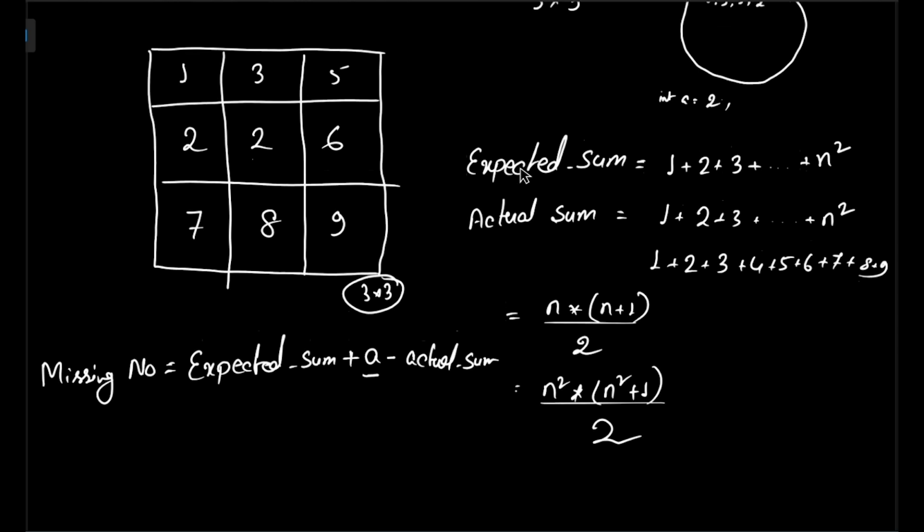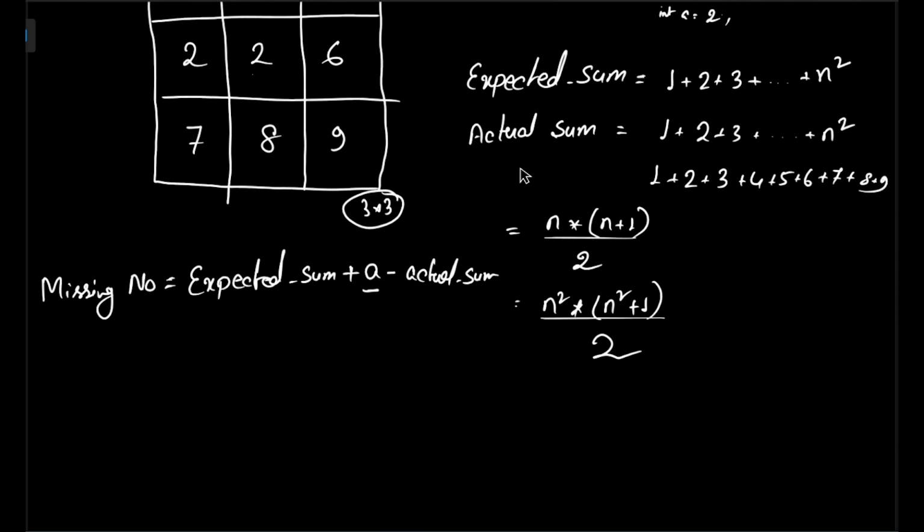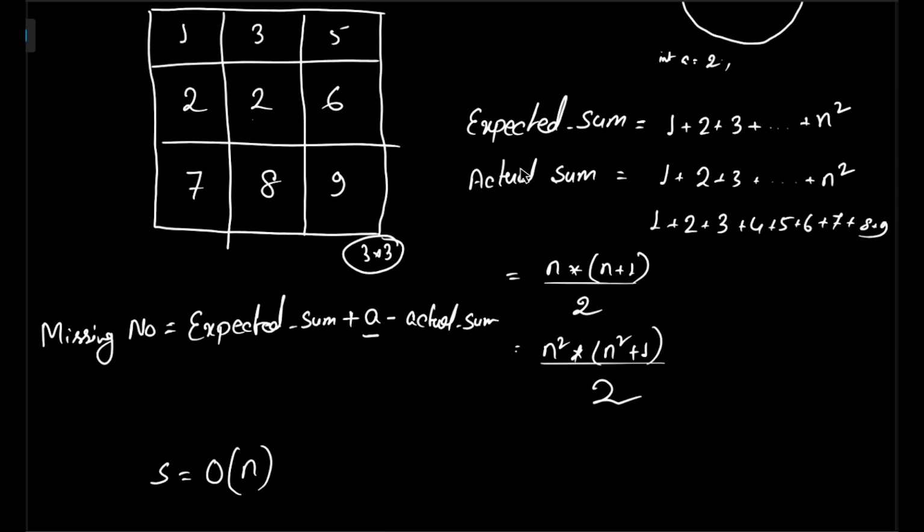Time complexity and space complexity. The space complexity is big O of n, because the set takes n size space in the worst case, and time complexity is big O of n square.